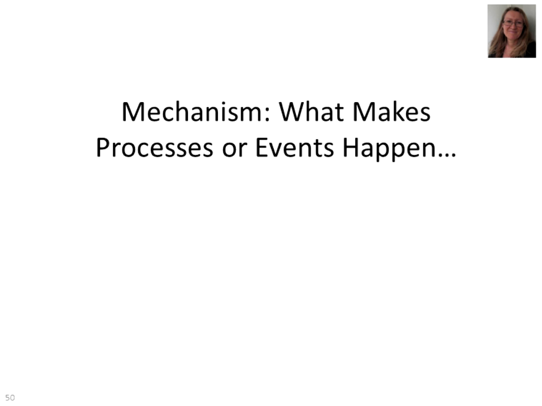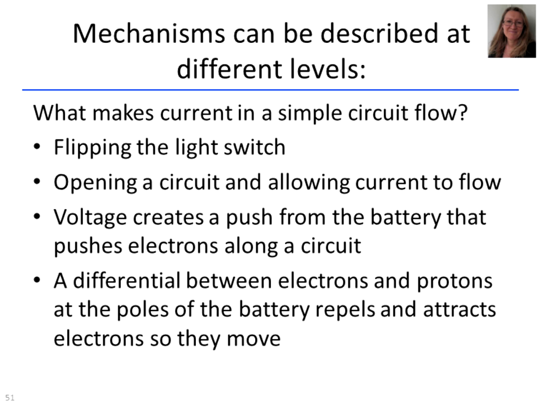But let's look at mechanism for a few moments. So mechanism is what's making the process or the event happen. And it can be described at different levels. So if you think about the current in a simple circuit and what makes it flow, flipping a switch can.